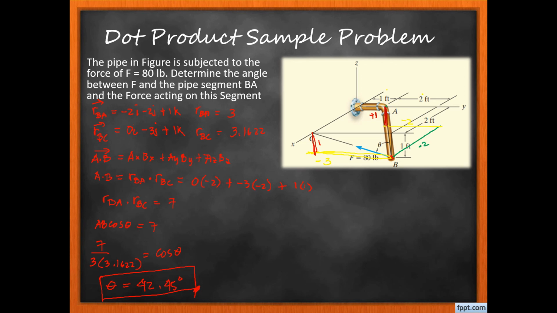Ngayon, kung may angle na tayo, madali na natin makukuha yung magnitude ng force dun sa member AB. Kasi sabi natin dun sa formula natin kanina, yung A parallel is equals to A cosine theta. Pero yung A parallel natin is the force parallel dun sa ating reference line.